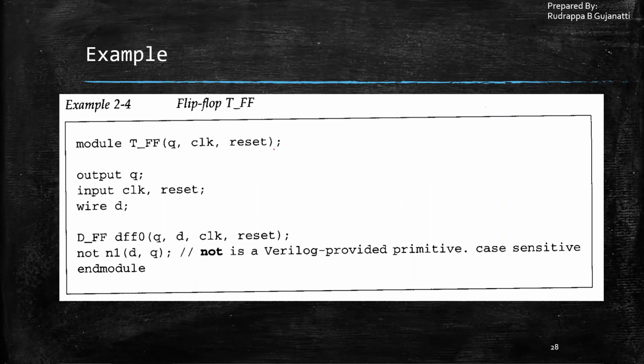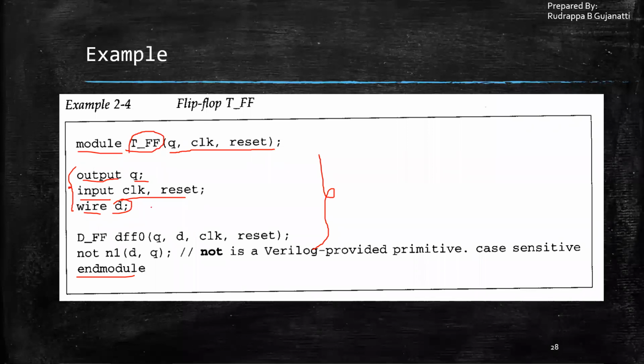Here again there are three parameters: output is Q, input is clock and reset, and wire is D. These things we'll be discussing later, when we come to the construction conventions of Verilog. In the second module, we start off with all these things. So here, what is happening?